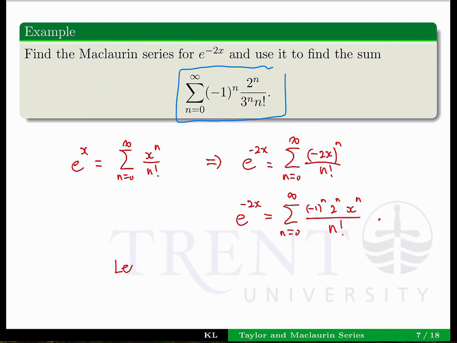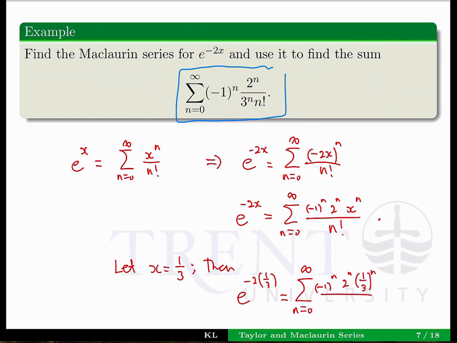If we let x equal 1/3, then e to the negative 2 times 1/3 is equal to the sum n from 0 to plus infinity of negative 1 to the n, 2 to the n, 1/3 to the n divided by n factorial.